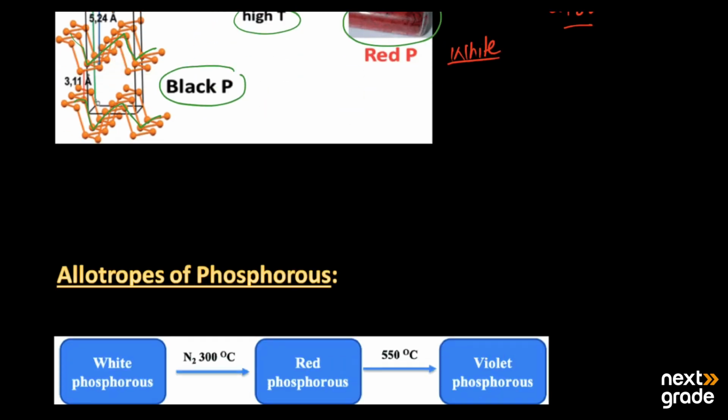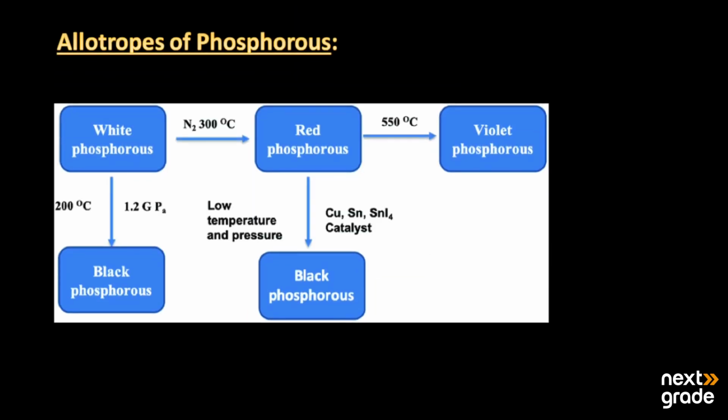Now, this was a simple overview of the allotropes of phosphorus. Here we have the temperatures at which one phosphorus can be converted into another allotropic form. The first one is white phosphorus, which on reaction with nitrogen at 300 degrees Celsius is converted into red phosphorus. The temperature ranges from almost 280 to 300 degrees Celsius.